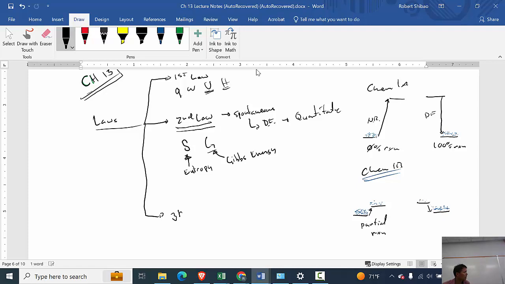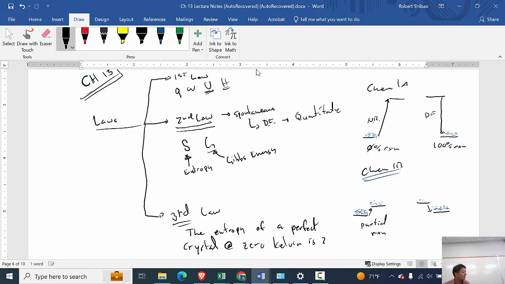What does the third law of thermodynamics state? The entropy of a perfect crystal at 0 Kelvin is 0.